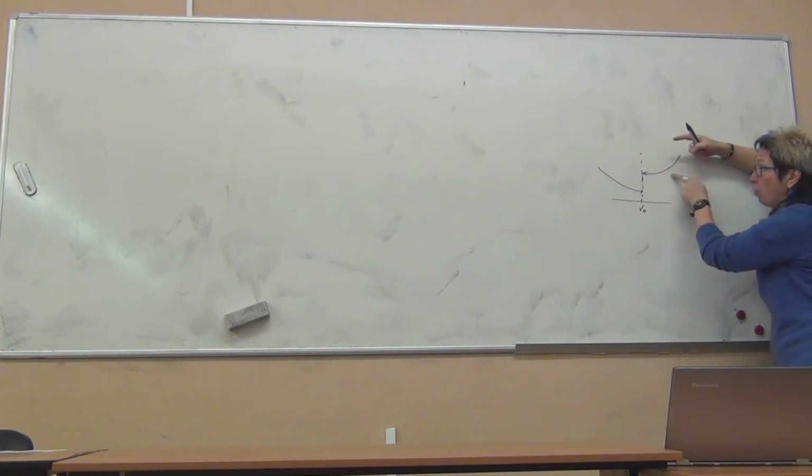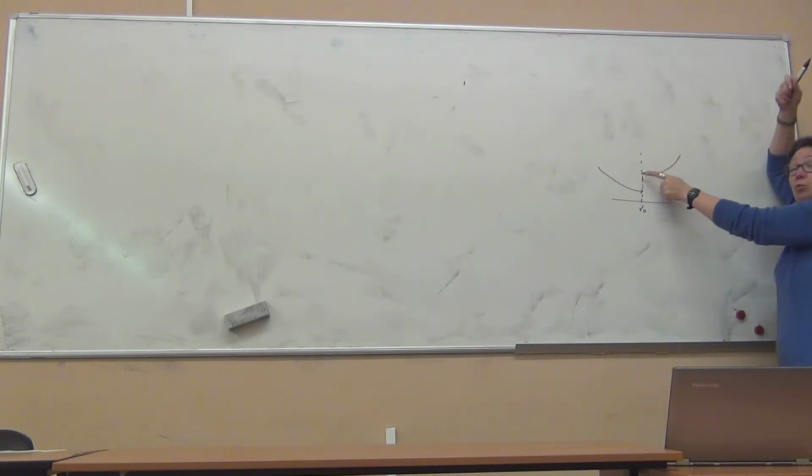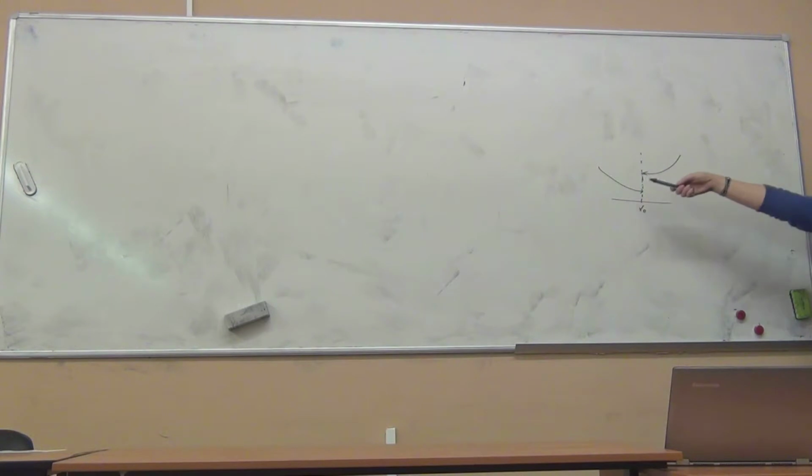The right-hand limit is one value, the left-hand limit is another value. They both exist, they're both finite, they are not equal. So there's no limit for the function at this point, and the function is discontinuous. It's a type 1 jump discontinuity.